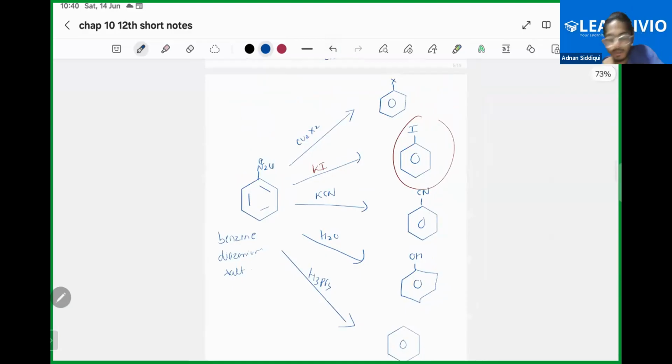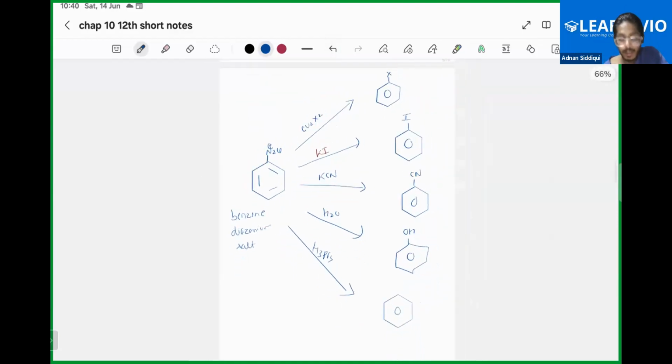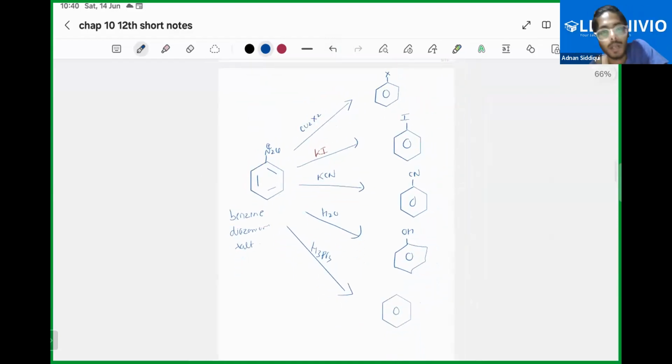Suppose I'm doing an experiment in my lab; I still use this reaction in my lab. Suppose I have to make phenol. So what will I do? I will take aniline and react it with NaNO2 plus HCl, basically the Sandmeyer reaction, and I will get what?